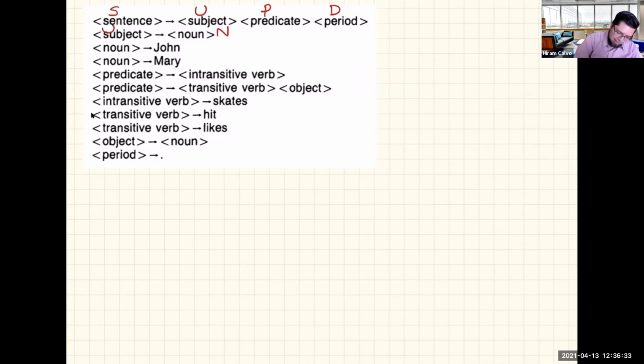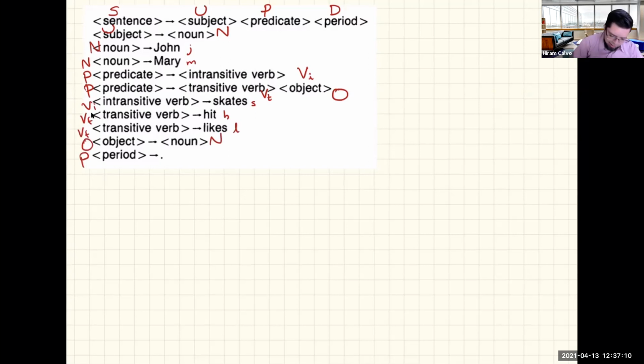Noun will be N, and John will be just a J. Noun Mary will be M. Intransitive verb will be V subscript I, and transitive verb will be V subscript T. Object will be O. VI is S, lowercase. VT is H, VT is L, and this is O, N, and it will be P and the period.